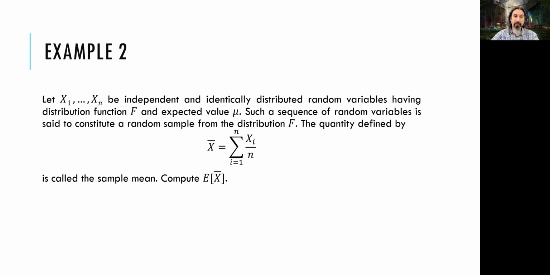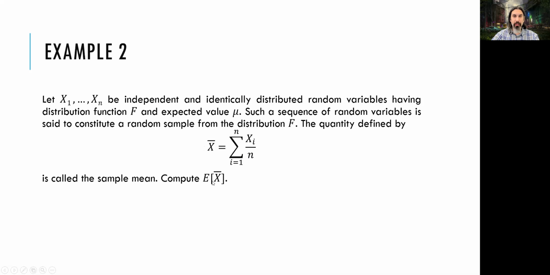The quantity defined by x bar is equal to the sum of xi over n, i from 1 to n. So it's just taking a sample from all the random variables and dividing it by n. We have n samples over here. So this here is called x bar, and it is called the sample mean.